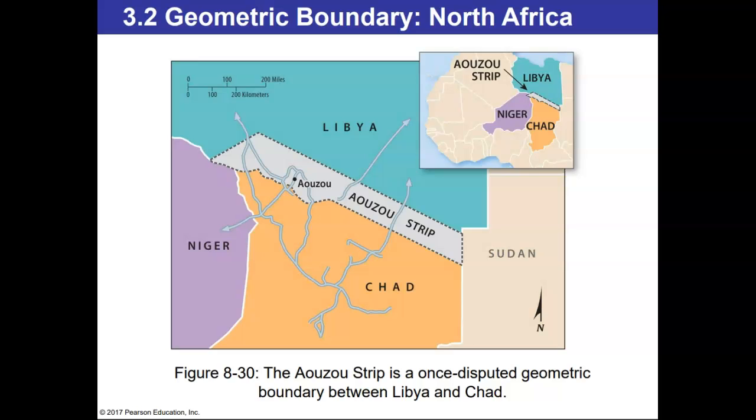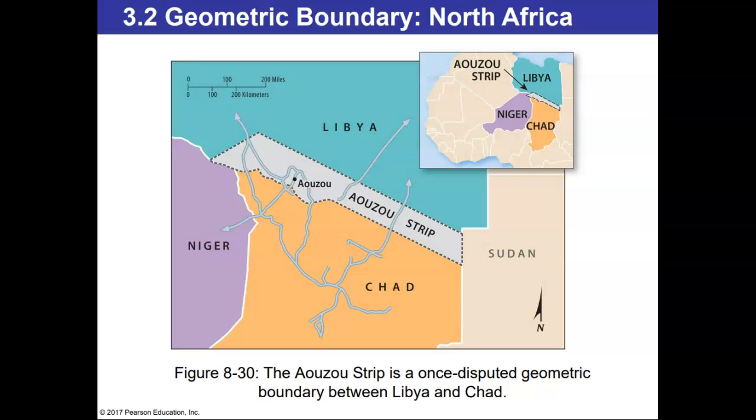These geometric lines were determined by European colonists as a means of essentially slicing up Africa like a pie. And so these geometric boundaries helped them understand and recognize what territory they had colonized. When countries in Africa gained their independence, many of the countries still adopted the geometric lines established by Europeans.